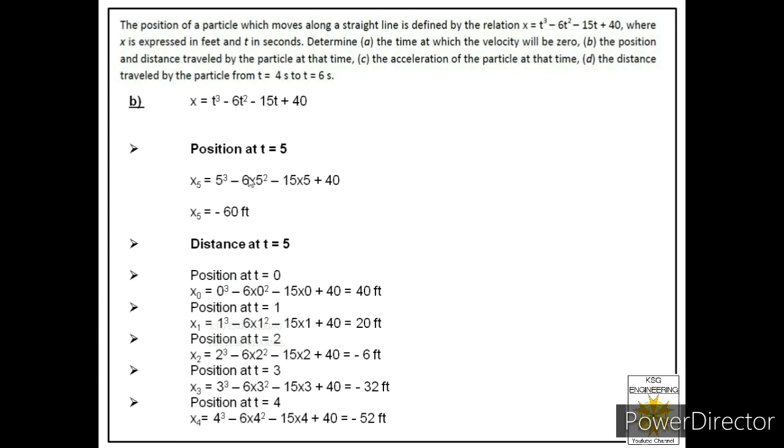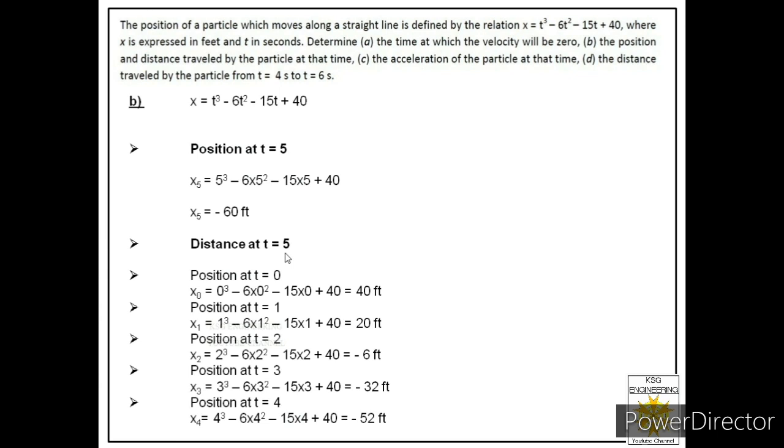We have found that at time t equal to 5 the position of the particle is at minus 60 feet from the origin. So we have got the positions of the particle at t equal to 0, 1, 2, 3, 4 and 5. Now it will be easy for us to find the distance traveled by the particle at t equal to 5 seconds.